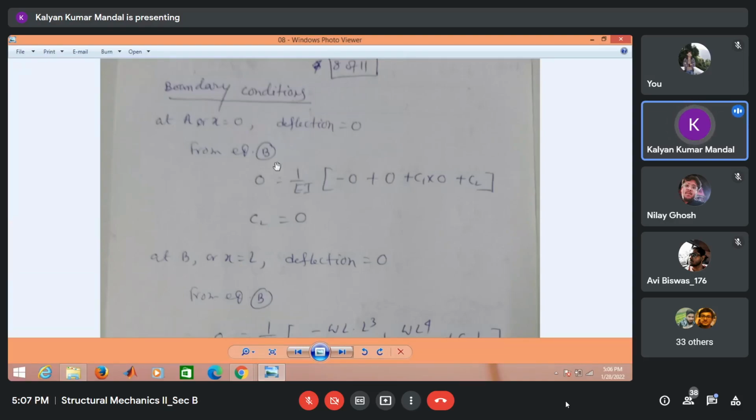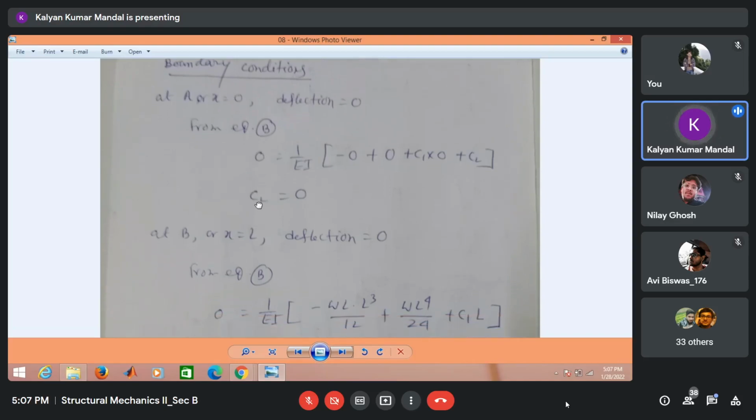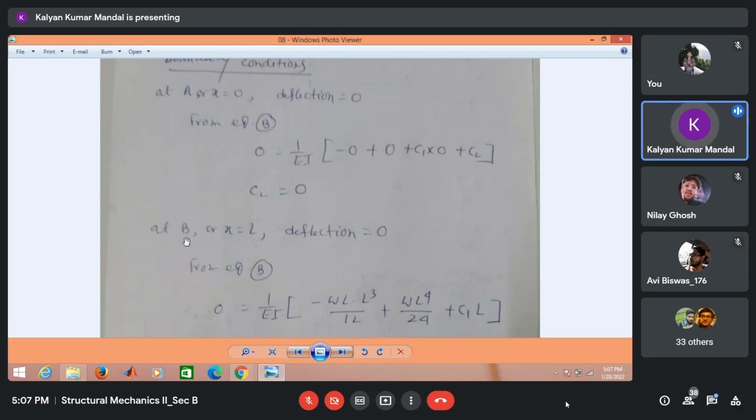Now from equation B, just replace the value of x by 0, and ultimately we get the value of C2 equal to 0. Similarly, at point B we have another hinge, and at this point the deflection should be equal to 0, or at point B, at x is equal to L, deflection should be equal to 0.